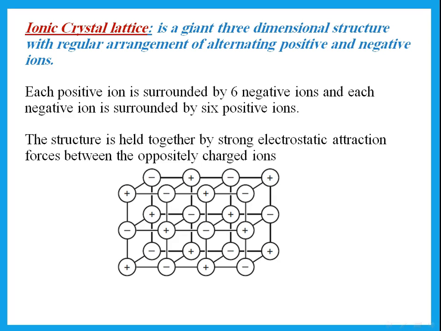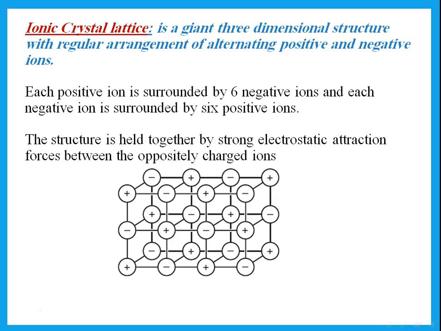I have actually a giant 3-dimensional structure with regular arrangement of alternating positive and negative, positive and negative, positive and negative, and so on. So actually I have a large compound with a lot of sodium and chlorines that are arranged alternatingly, one positive, one negative, one positive, one negative.